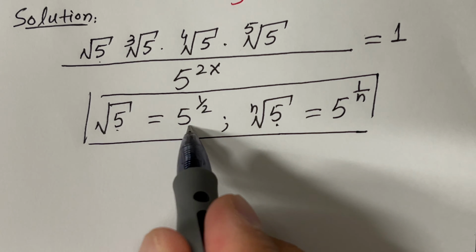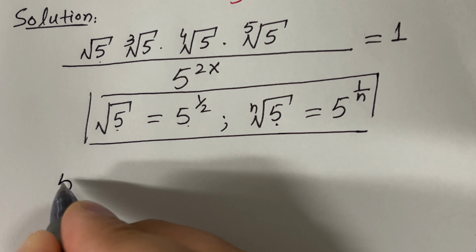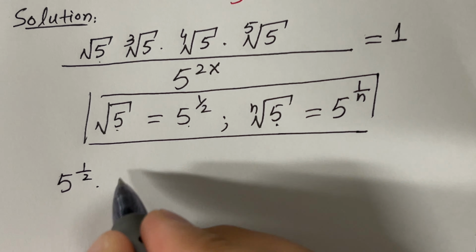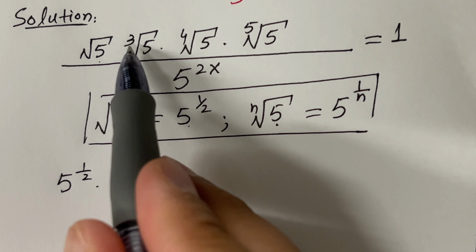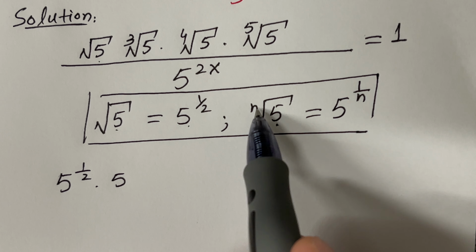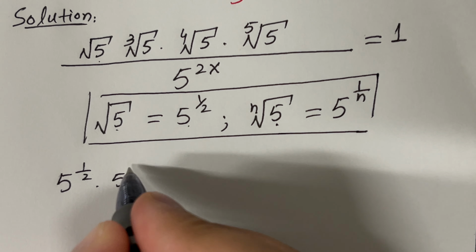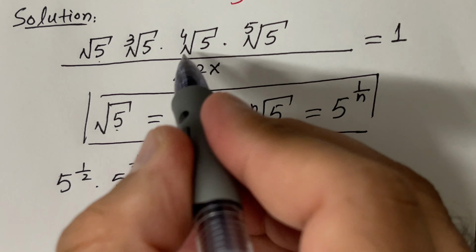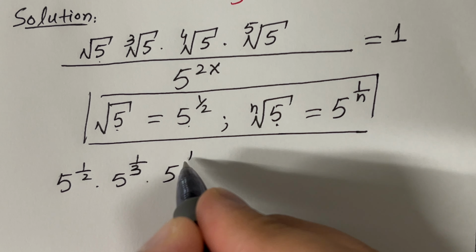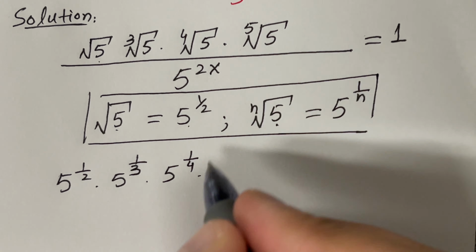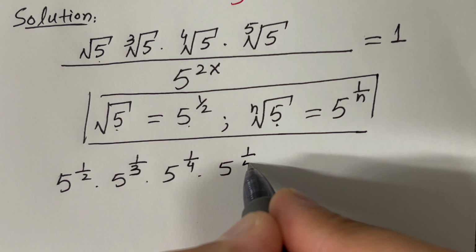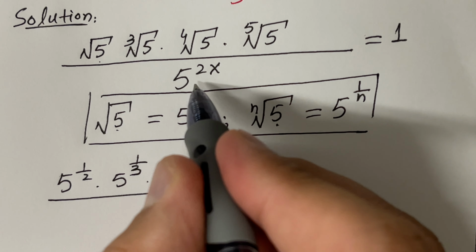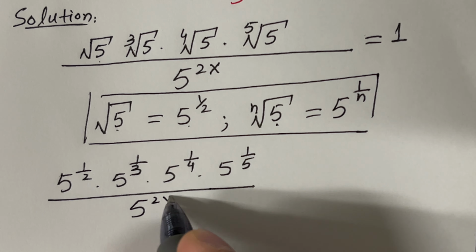So square root of 5 means 5 raised to the power 1/2 times 5 raised to the power, this is cube root, so n is 3, so it is 5 raised to the power 1/3, and this will be 5 raised to the power 1/4, and this will be 5 raised to the power 1/5, whole divided by 5 raised to the power 2x.